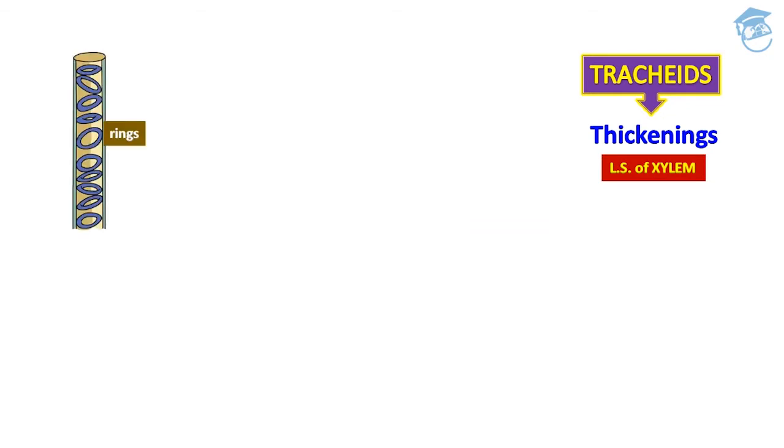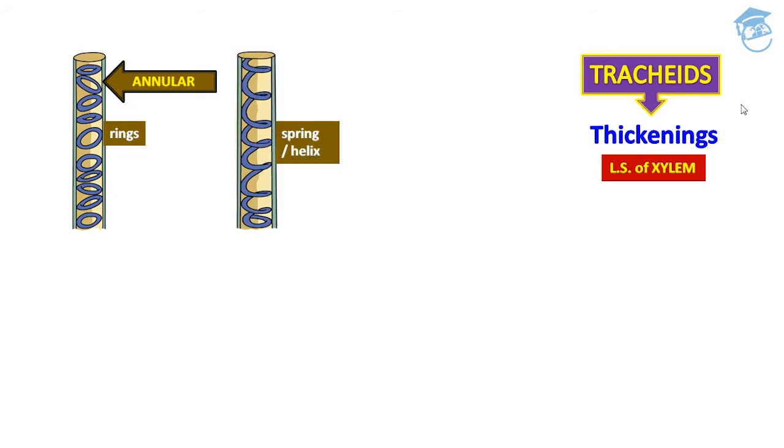So this is the longitudinal section of xylem, wherein lignin rings are placed more or less at equal distances from each other. This is called annular thickening, which is present in tracheid. Now we'll talk about another thickening which is called spiral or helix thickening, wherein it is present in the form of a ring-like structure.